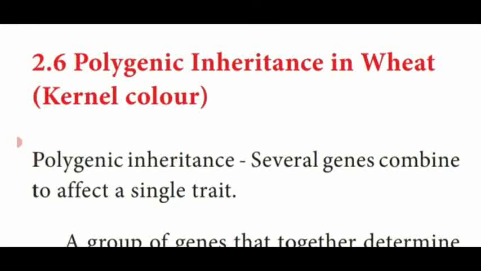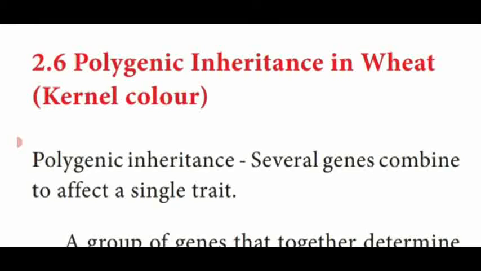And now, polygenic inheritance in wheat kernel. That means a single characteristic feature or phenotypic trait or character is determined by multiple genes or many genes. That is said to be polygenic inheritance. Poly means many, that is several genes combined together to determine or affect a single trait or character or phenotype of an organism.